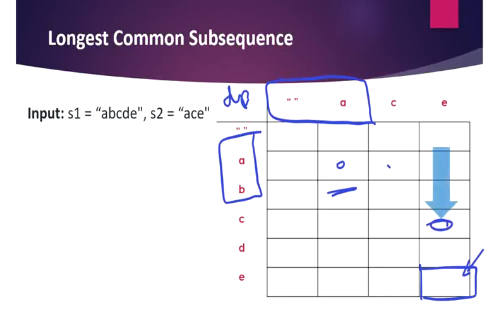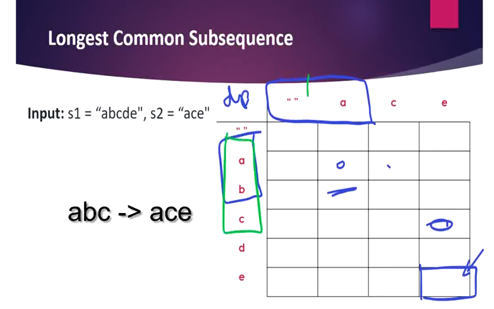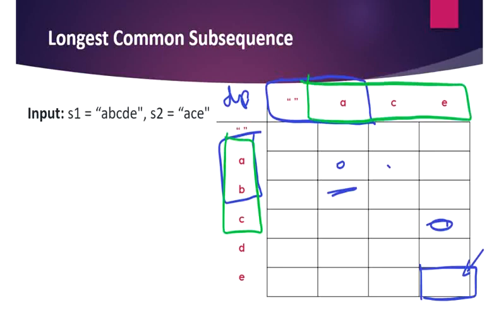This cell tells us the longest common subsequence between the string AB and ACE. Let's start filling the values. We are going to fill the values first by understanding why those values are going to be in each cell, before getting to the pattern the table follows.